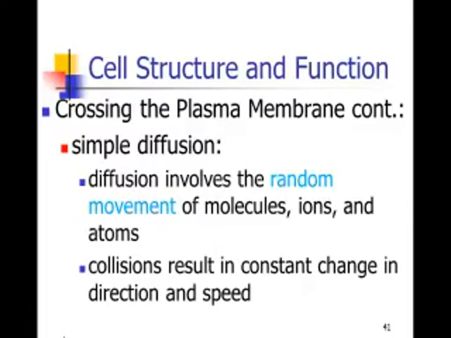The reason these things move about randomly is as they move, they run into two objects, either other molecules or maybe a cell membrane or whatever, and when they collide, they bounce off and go in a new direction, and usually a new speed as well.